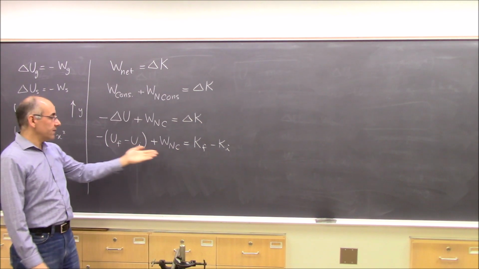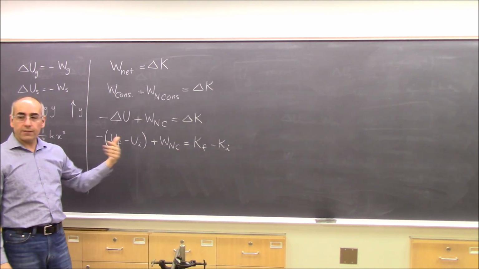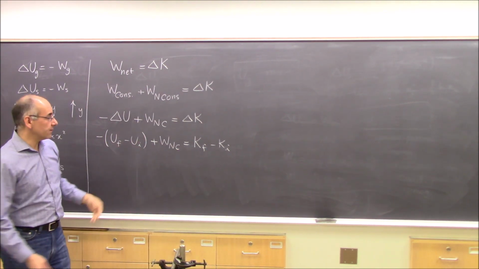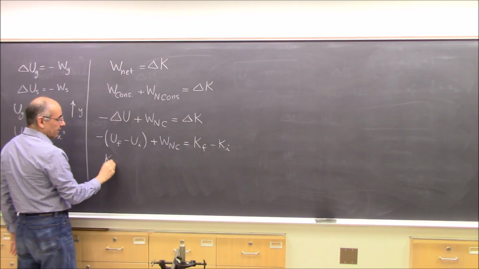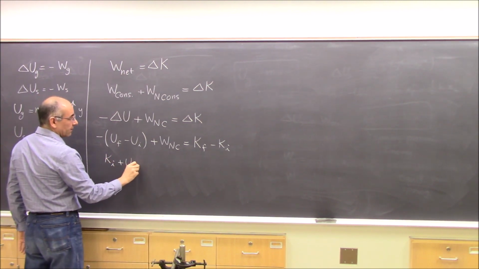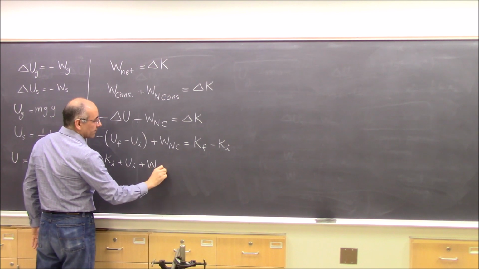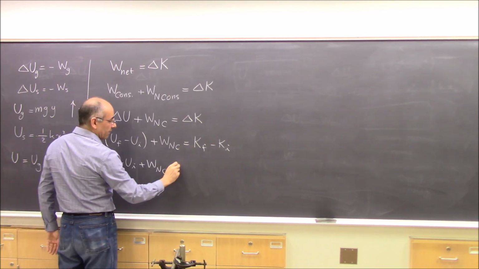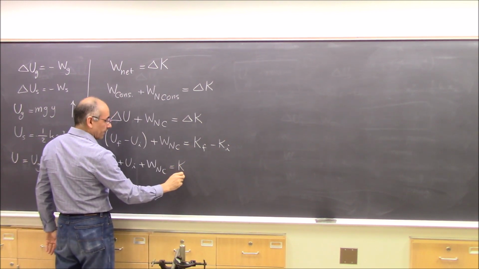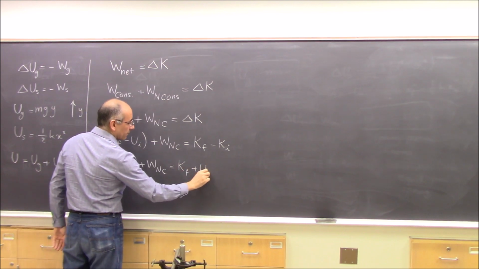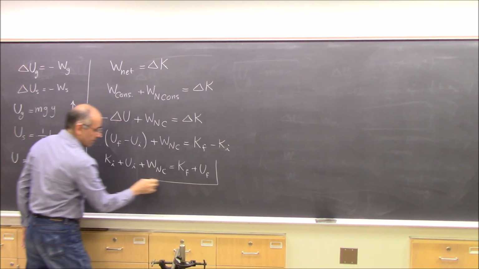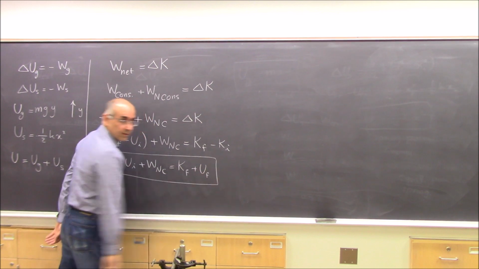I want to move everything that has negative sign to the other side, so everything becomes positive. So we get Ki plus Ui plus W non-conservative equal to Kf plus Uf. And that is called the equation of conservation of energy.